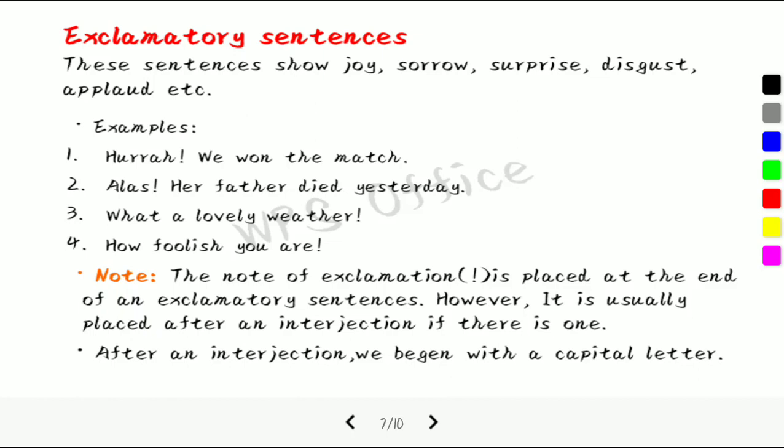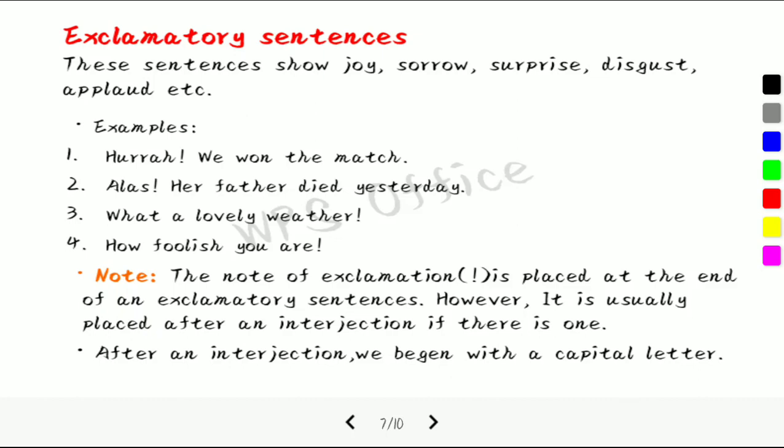We have some words in different languages to express joy, sorrow, hate, different things. Here, those are called exclamatory sentences.